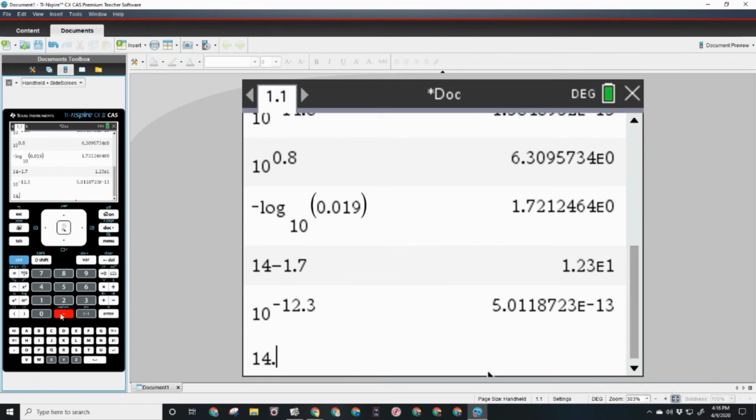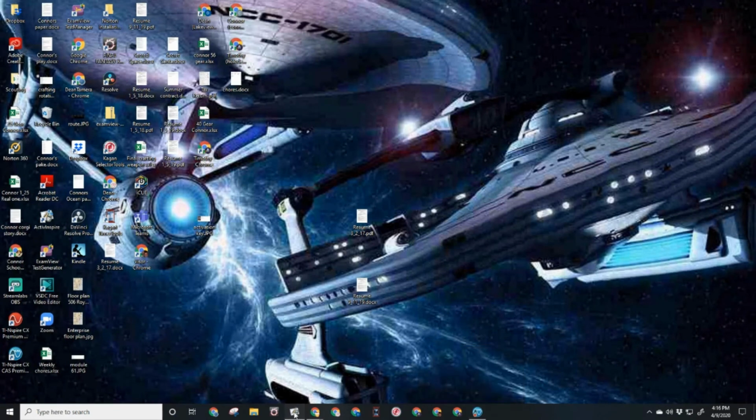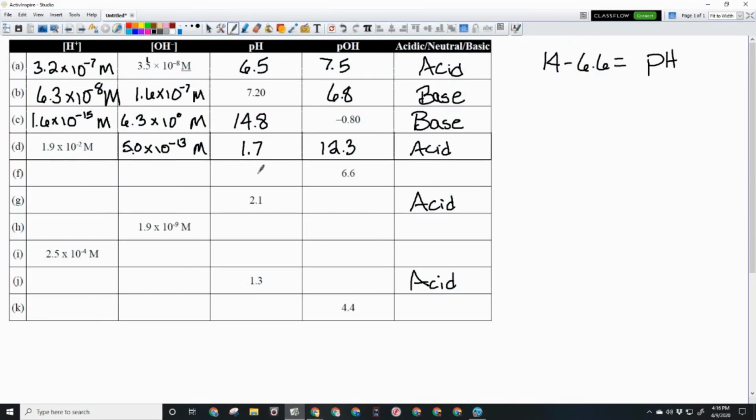That's 7.4. Right, so 7.4. Acid, base, or neutral? Base.